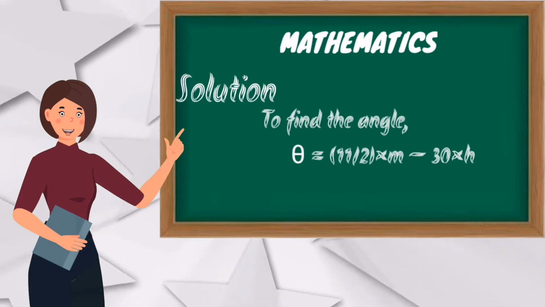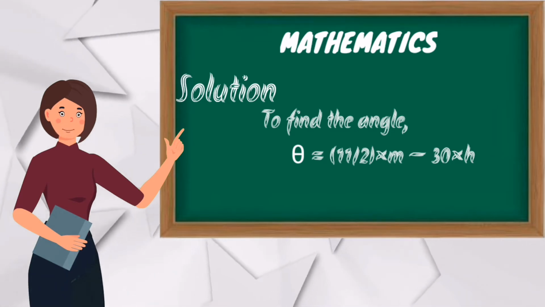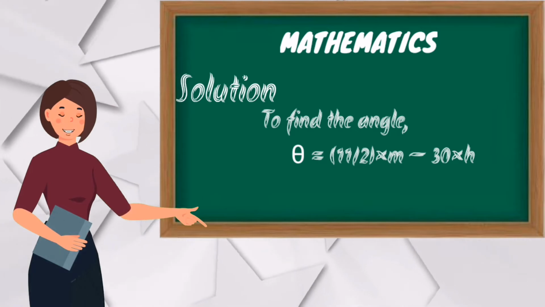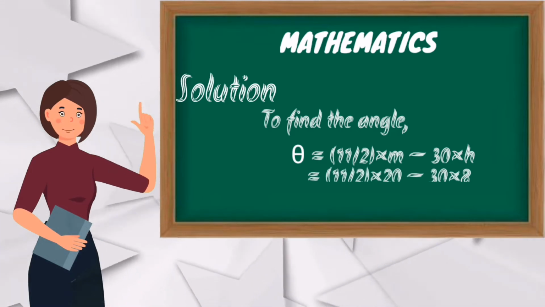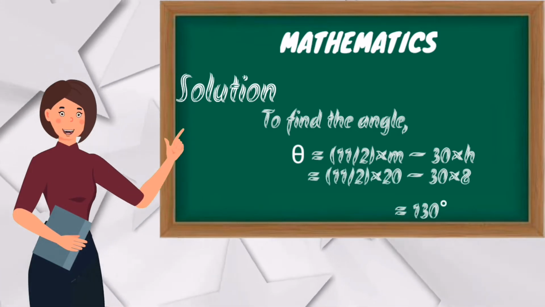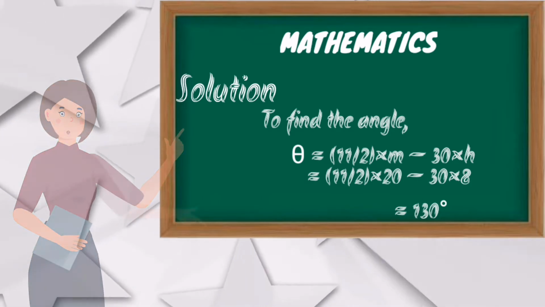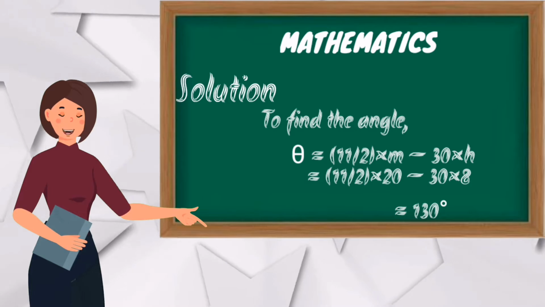Theta equals 11 by 2 into m minus 30 into h. Here m is 40 and h is 8. By substituting the values for m and h in the formula, we get the angle as 160 degrees. So our correct answer is option A.